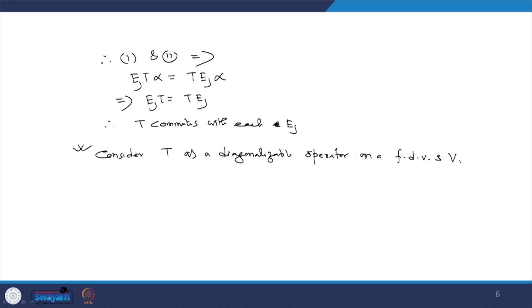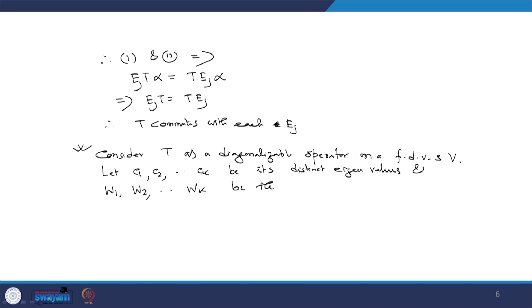Now, I am applying this concept when T is a diagonalizable operator defined over a finite dimensional vector space V. Let C1, C2, Ck be its distinct eigenvalues and W1, W2, Wk be the corresponding eigenspaces.